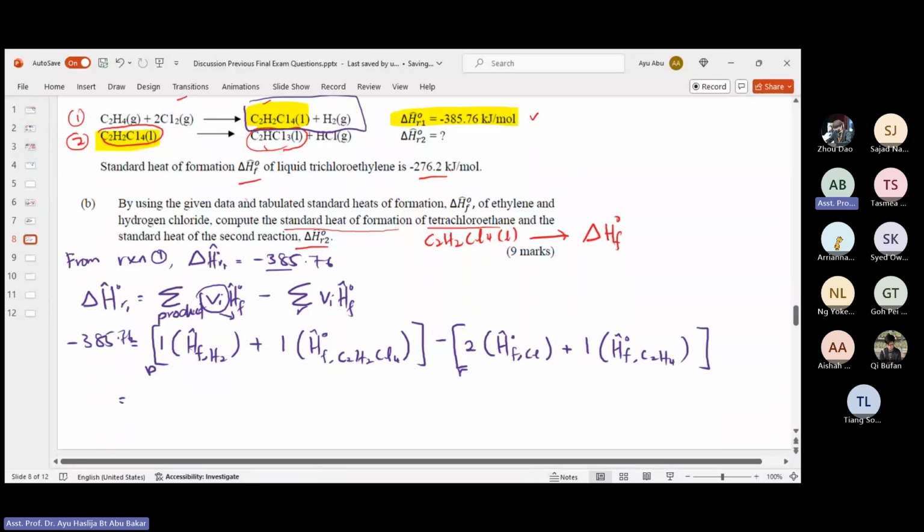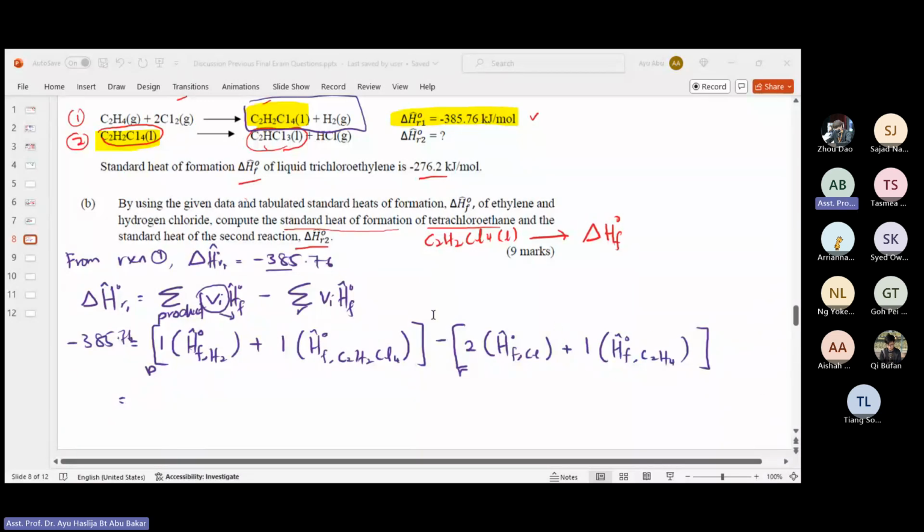Now, where do we get this heat of formation? Which table should you refer to? B1.